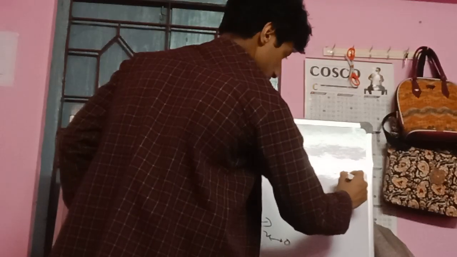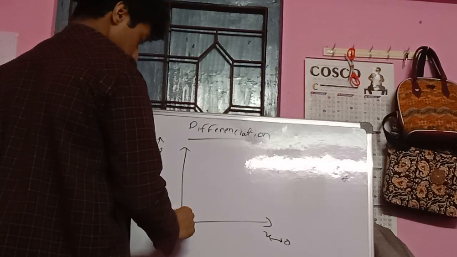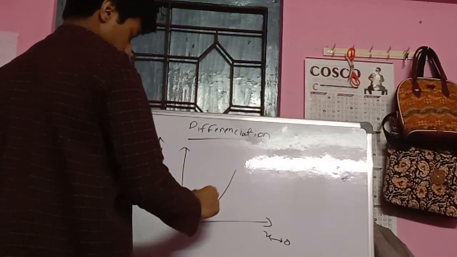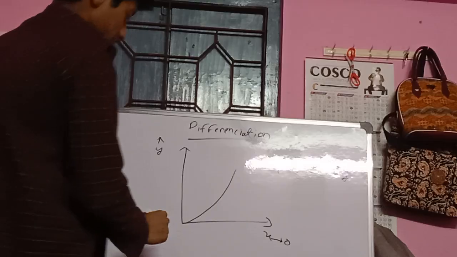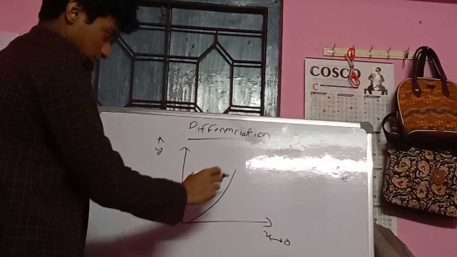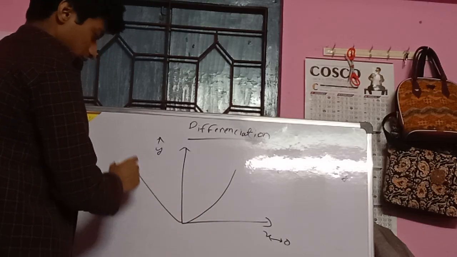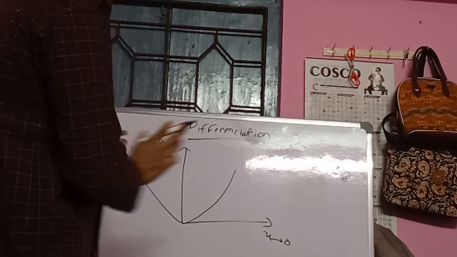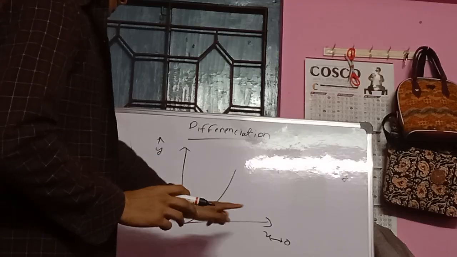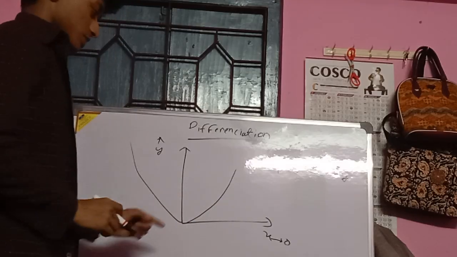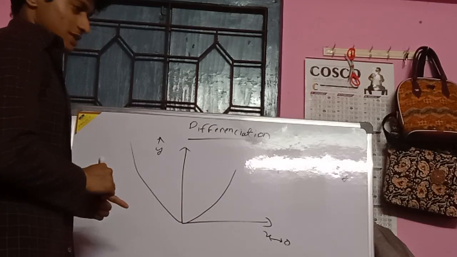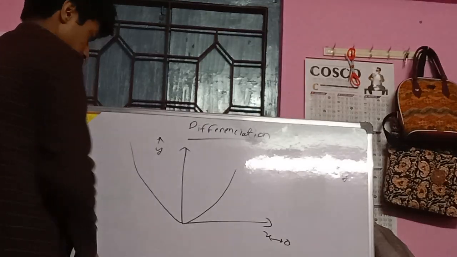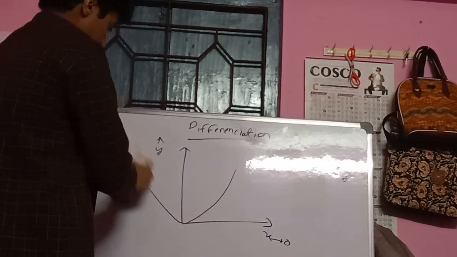So x square is y. If we plot this graph, we'll get a graph that looks something like this. I'm only going to talk about the first quadrant. The actual graph of f of x equals x square would look something like this, where the same kind of shape goes on both sides of the x-axis, positive and negative. But we're only going to talk about the positive side today. And honestly, if you understand one side, you probably would not have a hard time understanding the other side as well.